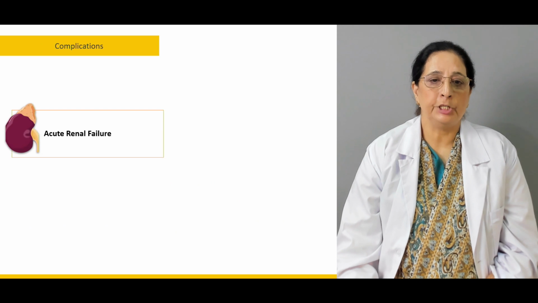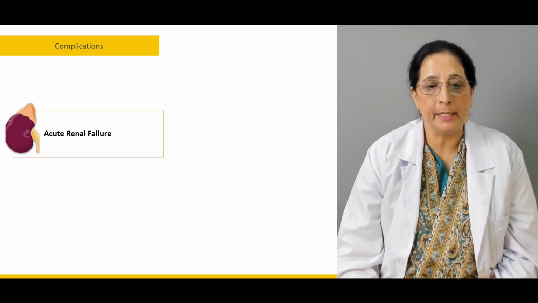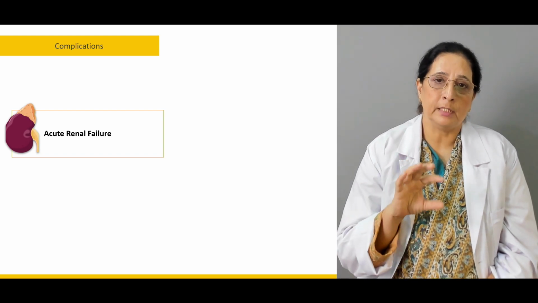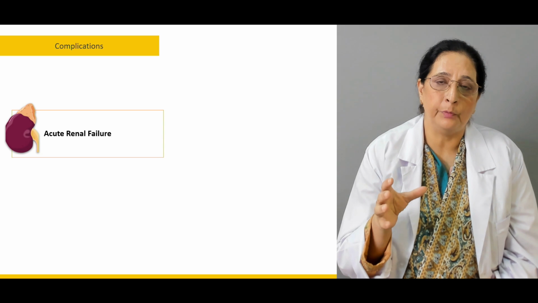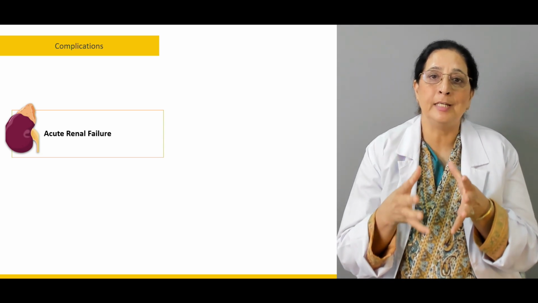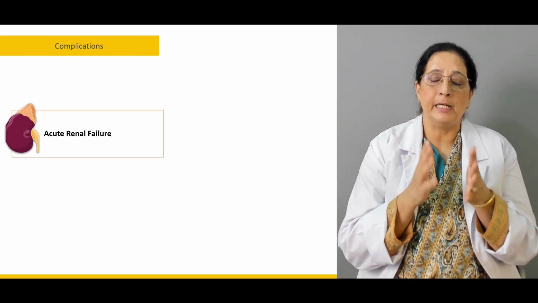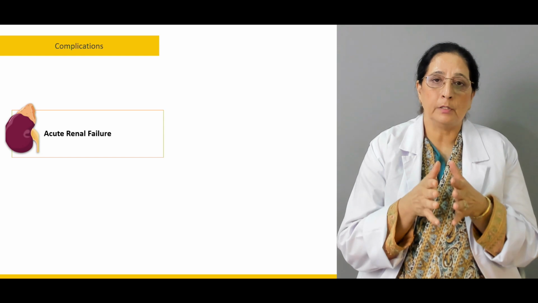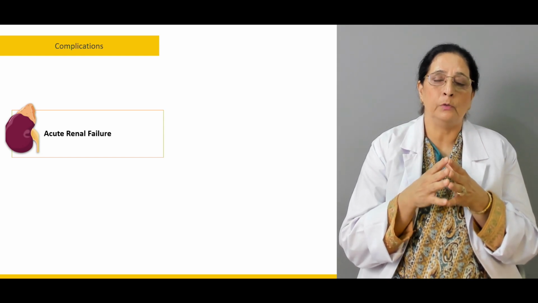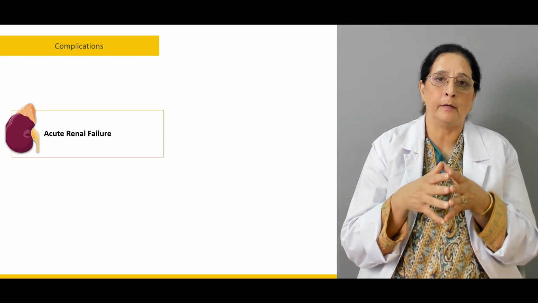Now, complications of malaria: we have acute renal failure. All those findings we noticed, there is increased urate, increased blood urea nitrogen, increased creatinine level, all because of acute renal failure, because of decreased supply of oxygen due to anemia or decreased blood.